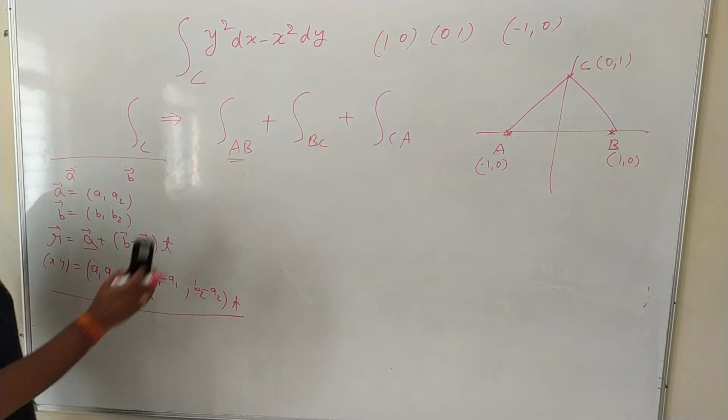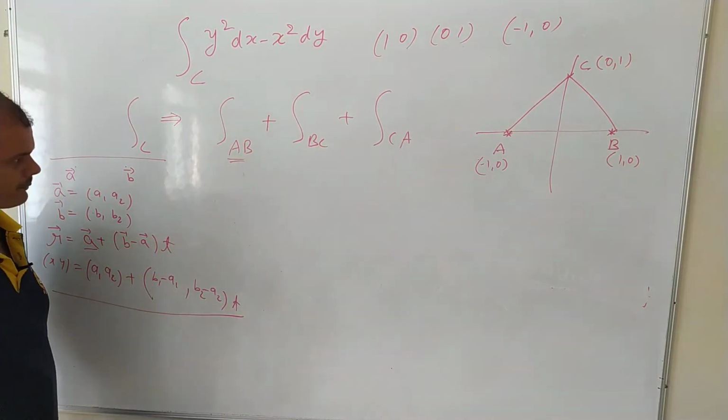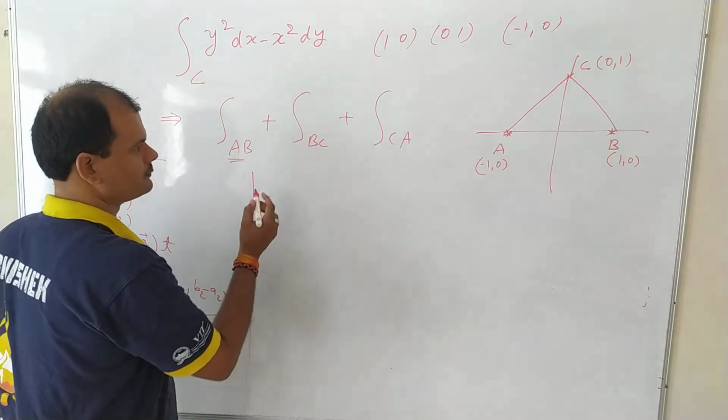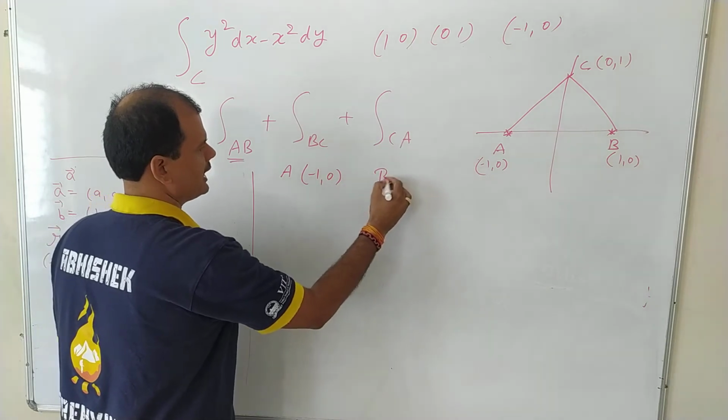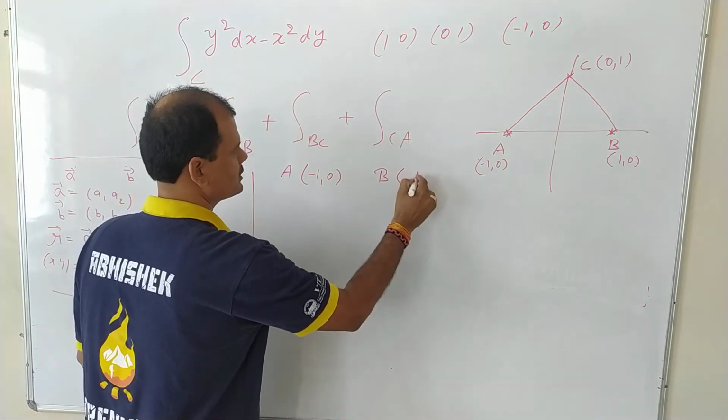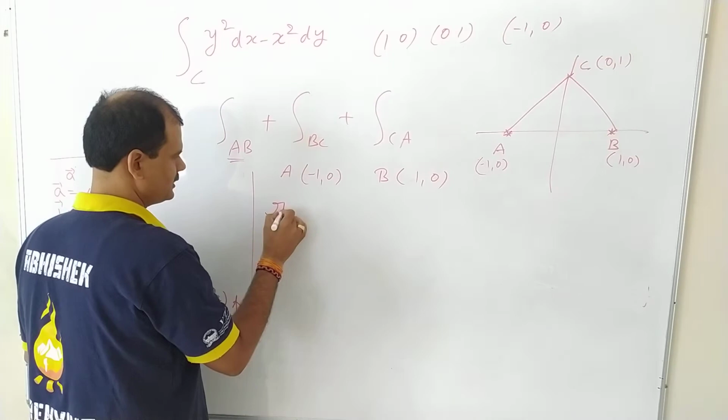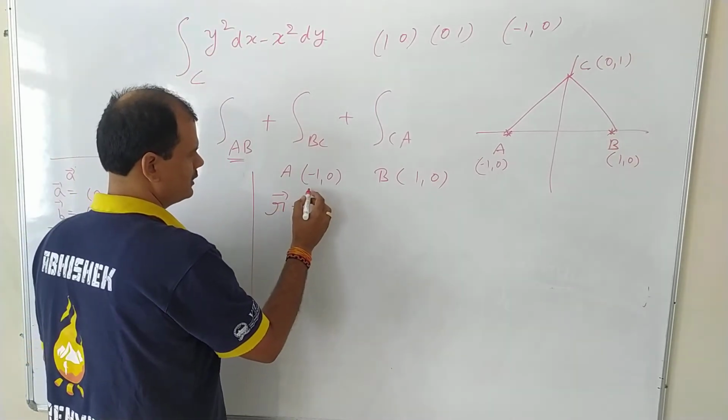Okay. So let us see for this problem along this AB. So A coordinate is minus 1 comma 0 and B coordinate is 1 comma 0. So what is that parametric equation?